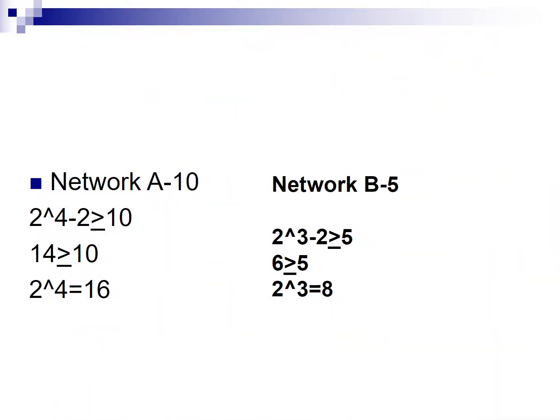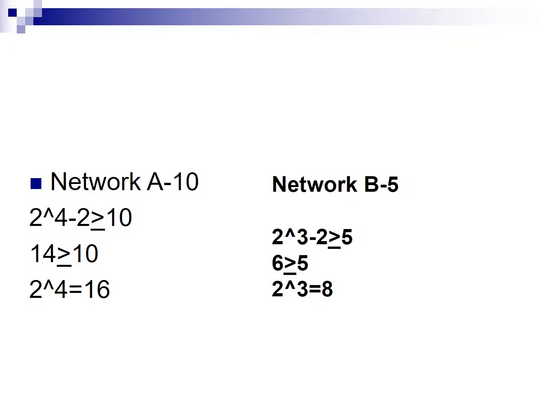Network A, since we have the number of hosts to be 10, we have a formula which we use. It's going to be 2 raised to the power of n minus 2 should be greater than or equal to the given number.